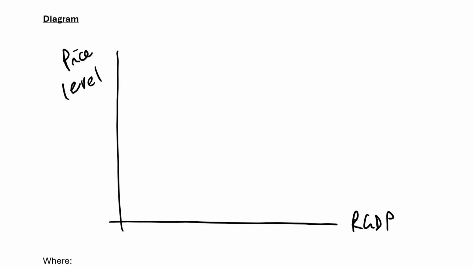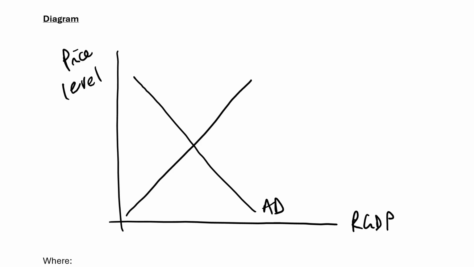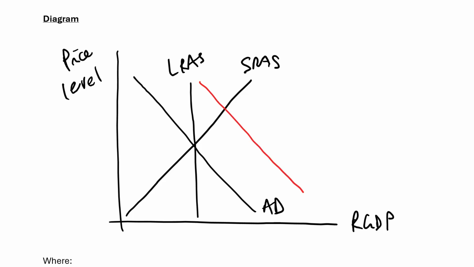Then once we've done that, we can have our aggregate demand curve, which looks like a regular demand curve. We have our short run aggregate supply curve, which looks like a regular supply curve, which we'll abbreviate to SRAS. And we have a long run aggregate supply curve, or LRAS. And then we can indicate a growth in aggregate demand and how investment can improve these things by a shift in SRAS or AD, and maybe we'll shift the LRAS as well.